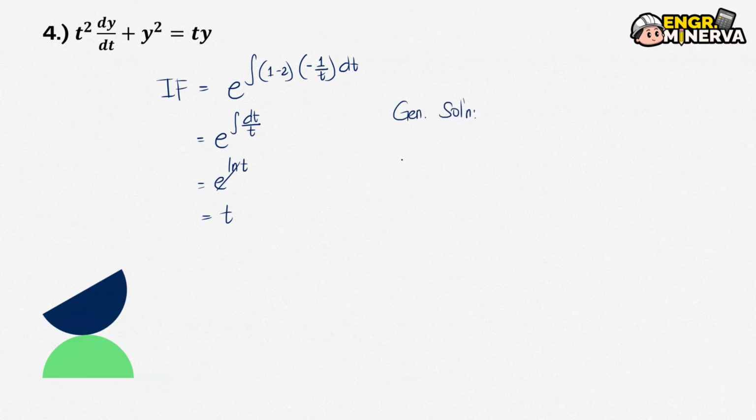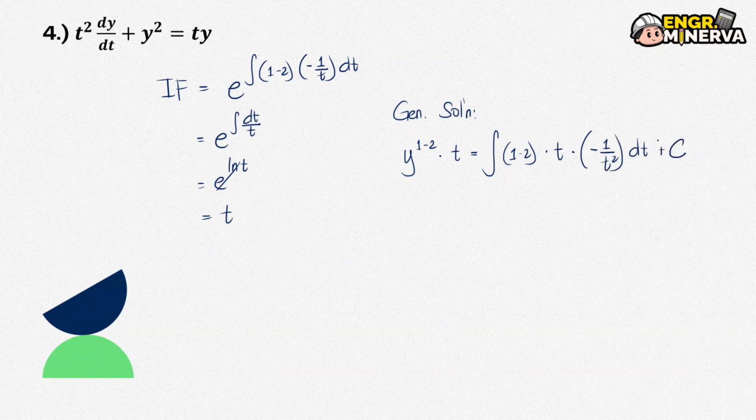Our first term is y raised to 1 minus n multiplied by our integrating factor, equals the integral of 1 minus n multiplied by your integrating factor multiplied by your q of t, which is negative 1 over t squared, then dt plus c.